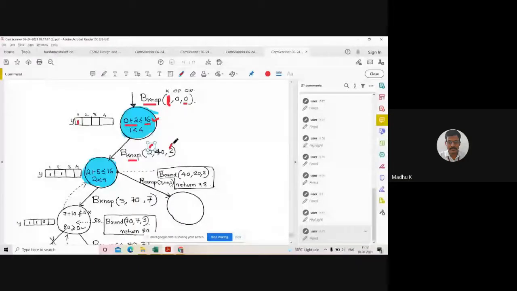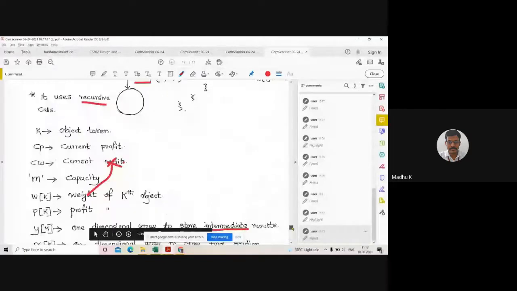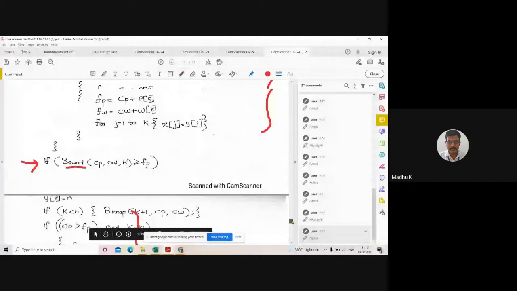So 2 plus, what is the weight of the object 2? 5. So what I will do next, I will check 2 less than 4. I'm just discussing the working of the algorithm. Okay, this is satisfied.